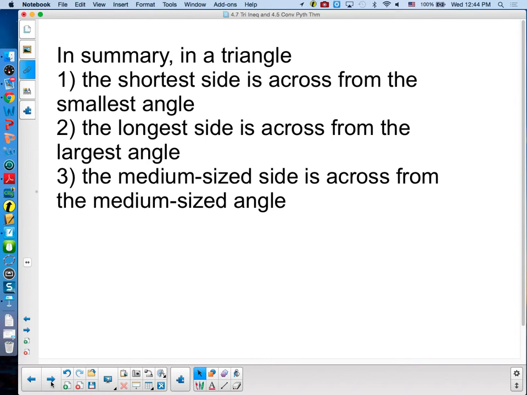Do you know which one's the longest or largest? The largest angle is going to be across from the longest side. Which side's the longest? This one. So this side's the longest. So I don't want those angles. I want the one across from it. Angle S is the biggest.